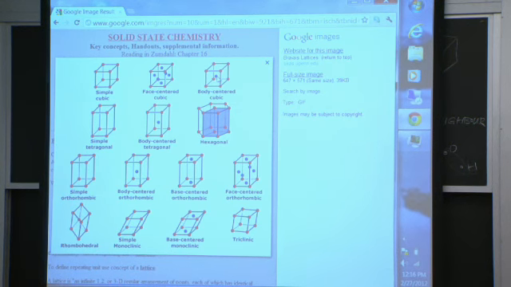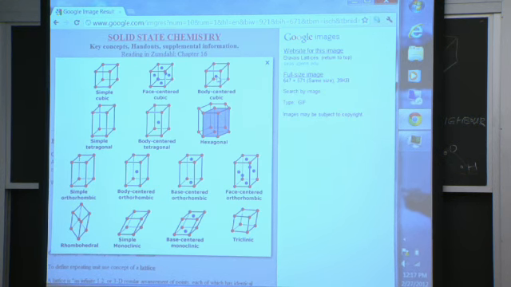In this conventional unit cell, you can have more than one lattice point, while in a primitive unit cell you can only have one lattice point. So for the body center, how many lattice points do I have? Two, because each corner is shared by 8, so that's 1/8. So simple cubic has 1, and body center has 2.